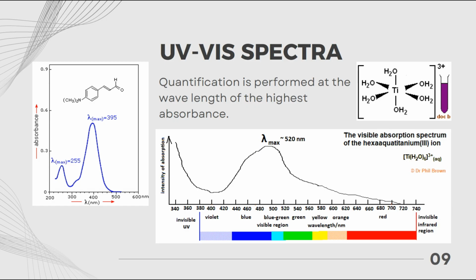And you see here also that the color of this complex is somehow violet. It is caused by the fact that you take near green and blue colors from the spectrum, leaving violet and red colors. So you may actually predict the UV spectrum according to the color of the compound.